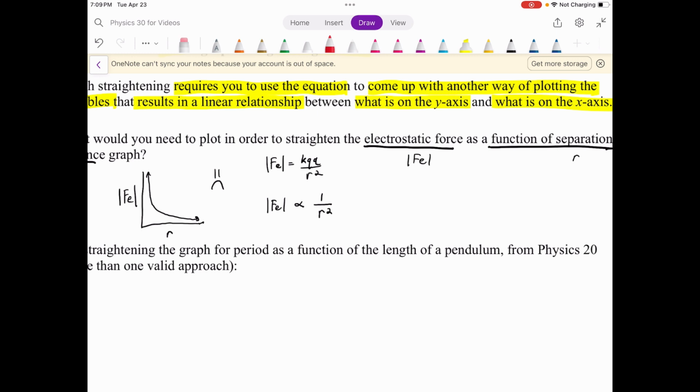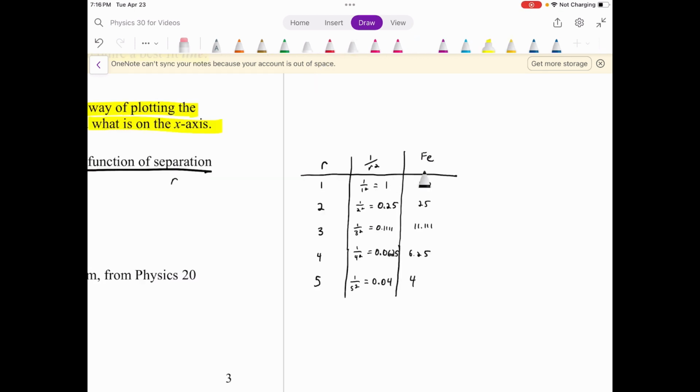So what I mean is this. Instead of graphing Fe as a function of R, what if we graphed Fe as a function of 1 over R squared? And let's just say it looked like this. I kind of made up the numbers, right? Instead of plotting on our x-axis these R values, we're going to take those R values and do 1 over them squared, right?